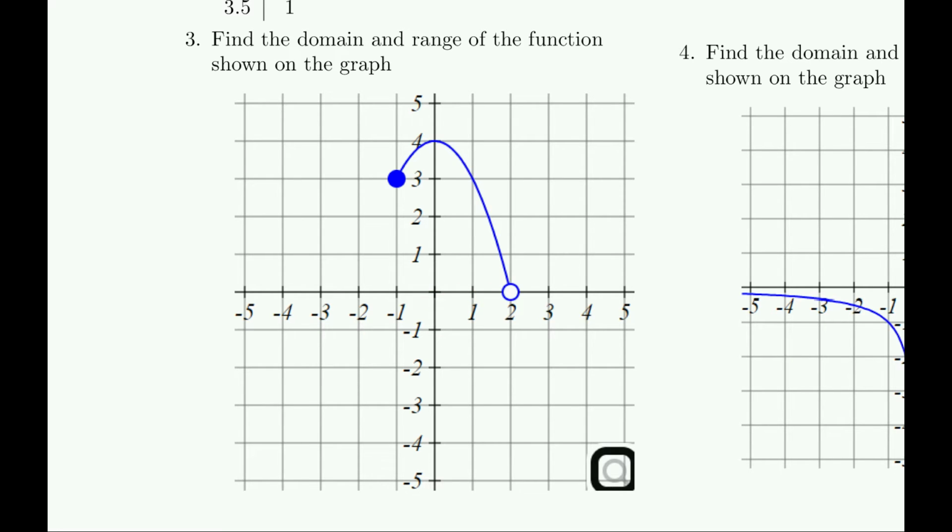So if I was going to highlight these, everything from here up to here, that's what gets used for the x values, right? From -1 up to 2. That's your domain. Let me get a color. That is your domain. Now, that's not how you write it. I'm just highlighting it there.